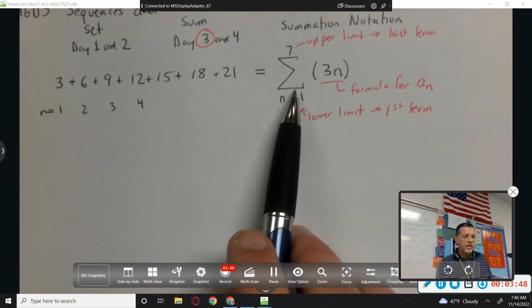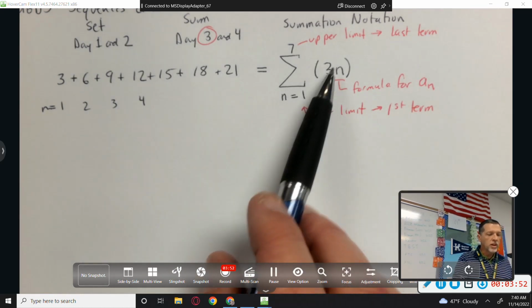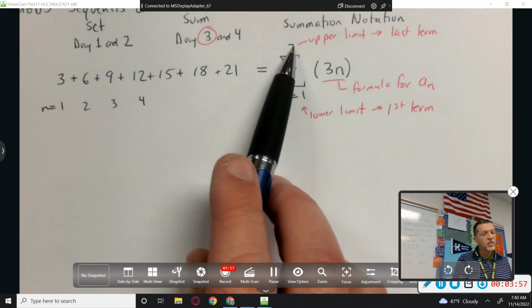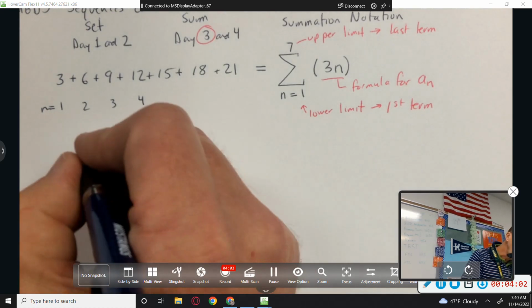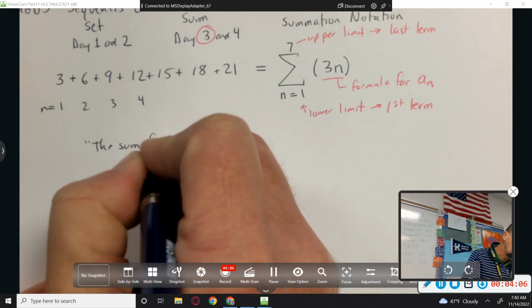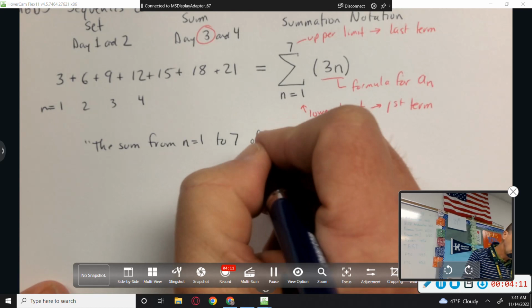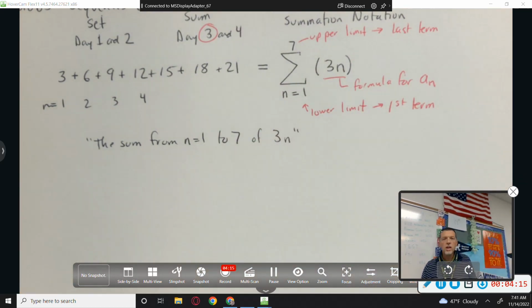So this is a fancy way to say the sum of all these numbers. Here's our formula. Plug in n equals 1 first, and then count up 2, 3, 4, 5, 6 until you get to 7. In fact, how we would say that is the sum from n equals 1 to 7 of 3n. So we're adding up 3n's, starting at 1, ending at 7.